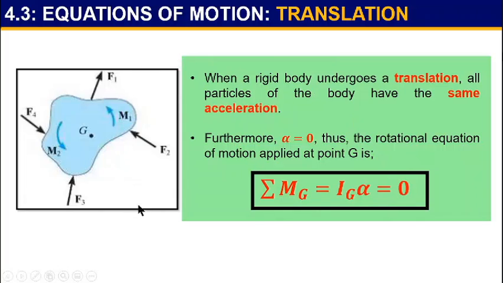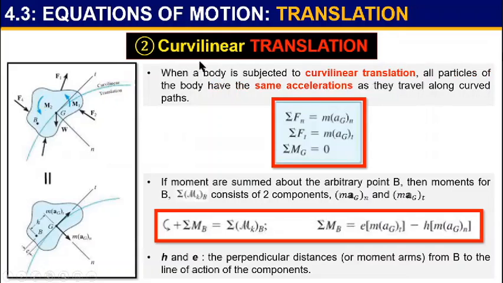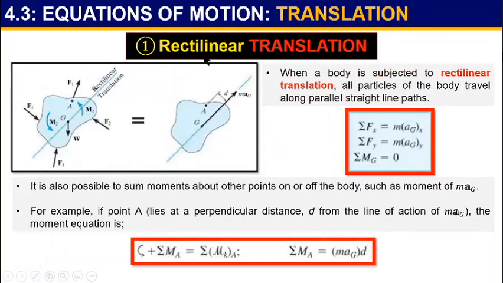This one is the equation of motion for translation of the moment at point G. Now you already know translation is divided into two motions: first is rectilinear motion and the second one is curvilinear motion. Let's go one by one.